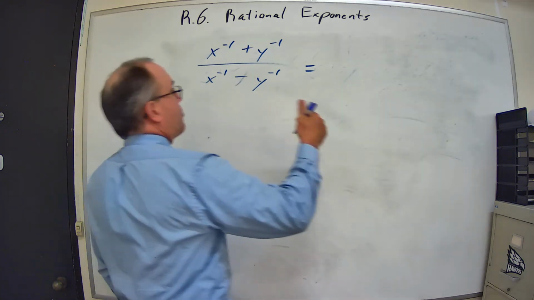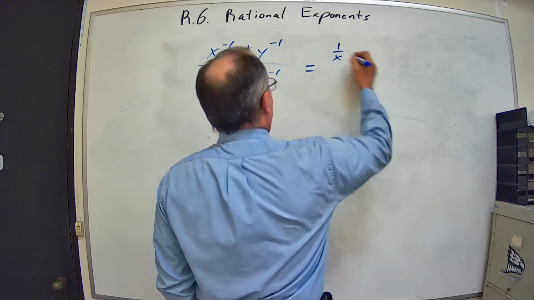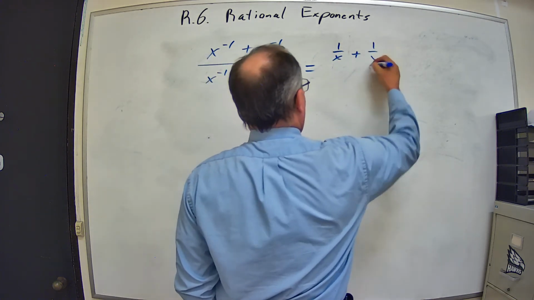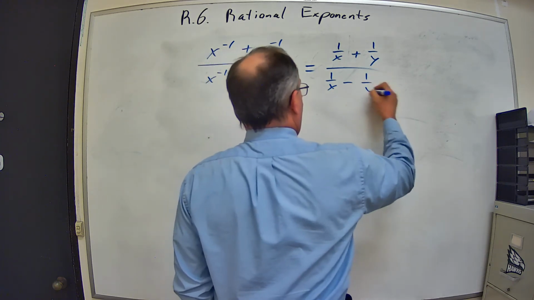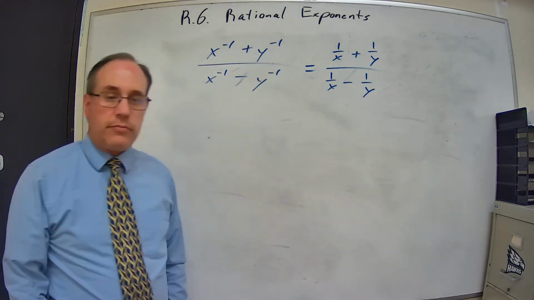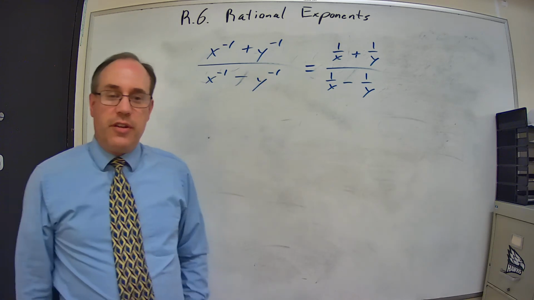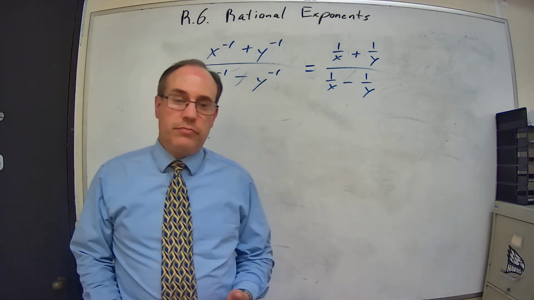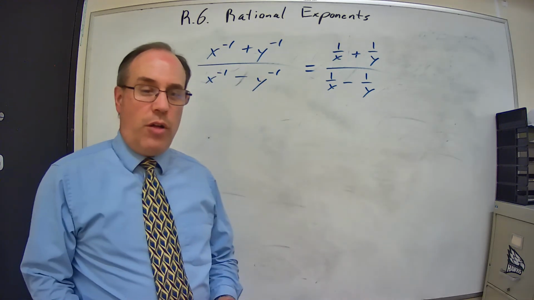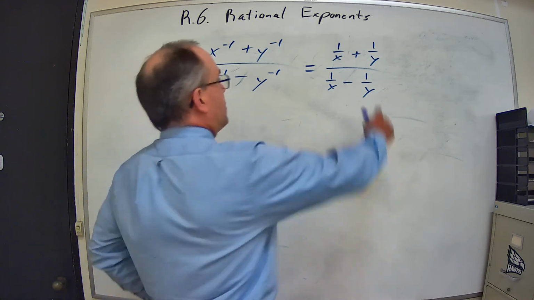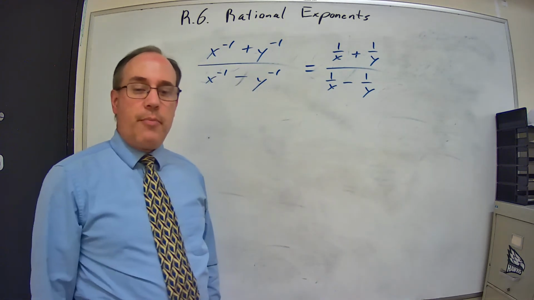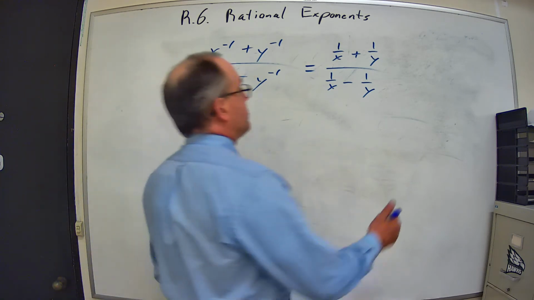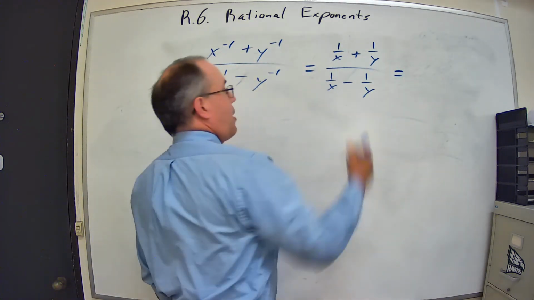So we take the reciprocals, and that gives us 1 over x plus 1 over y over 1 over x minus 1 over y. Well, that's a start. What do we want to do from there? Let's get a common denominator on the top. The common denominator would be xy.